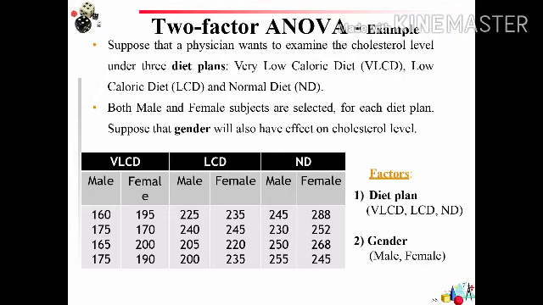The data are given in the table, and here we have two factors, diet plan and gender. Diet plan is divided into 3 categories: VLCD, LCD and ND, and gender is classified as male and female, and the corresponding data of cholesterol level are given here.